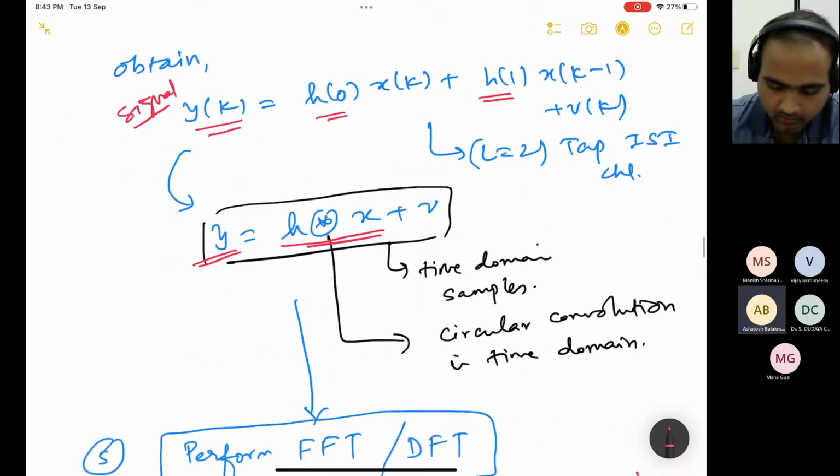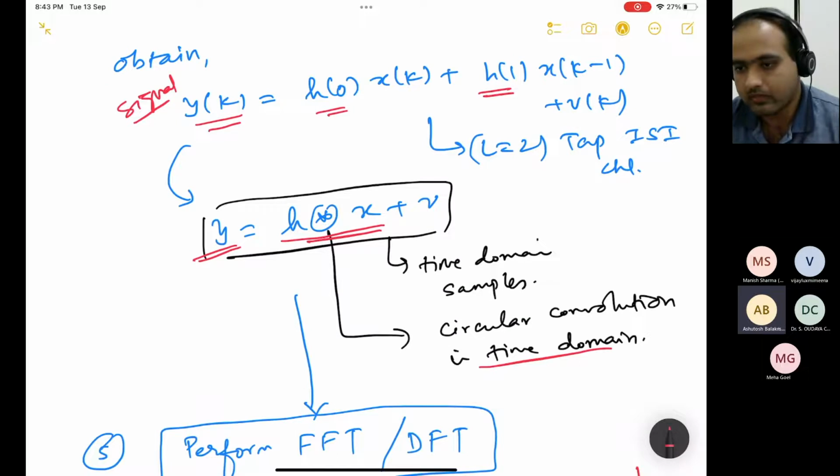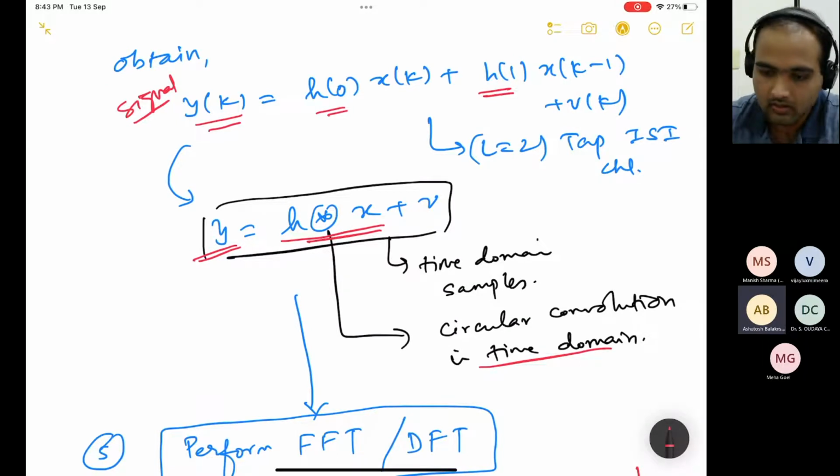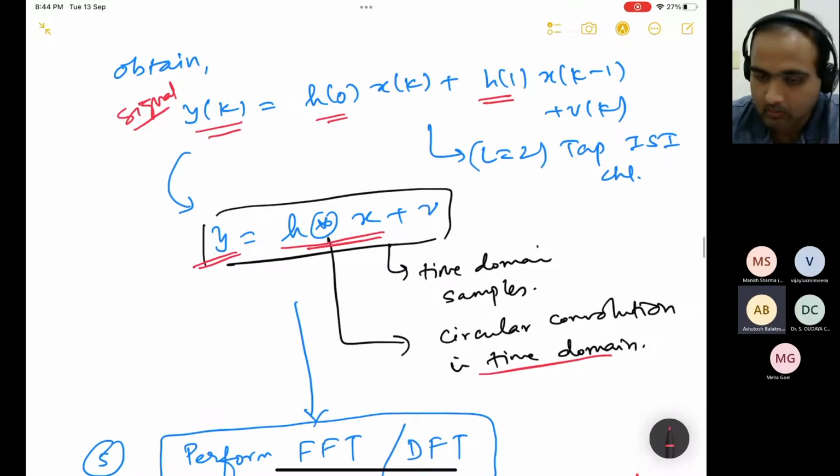So what do we do? If you transmit symbols in the time domain, first you need to perform circular convolution, and then when you receive the symbols at the receiver, you need to perform zero forcing, which again is not very accurate because you are trying to approximate, and the time complexity increases.